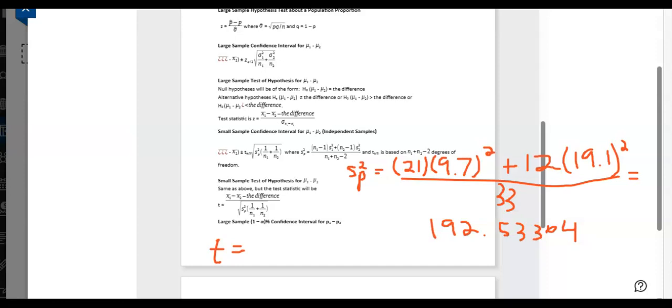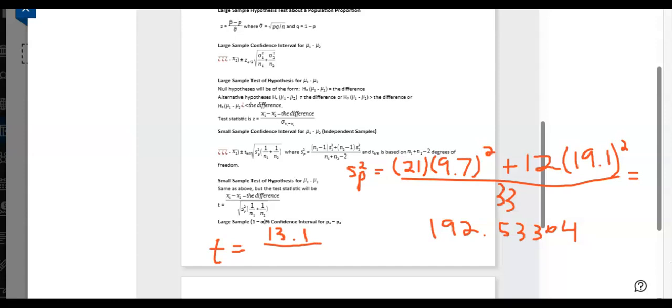So we really don't need to put the difference there. I didn't write down the two means, but if we subtract our two sample means, we get 13.1.